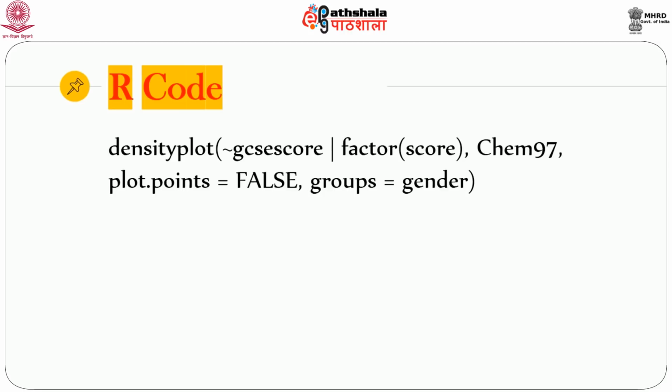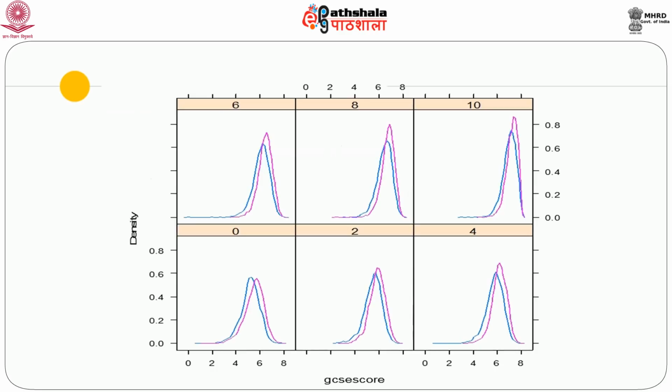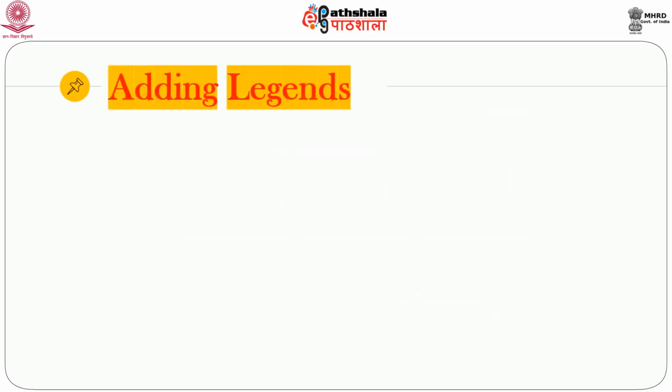By default, 2 different colors are used to differentiate between the 2 groups. Here comes the idea of using the auto.key option. Why is it needed? It helps us to put one of the important features of a plot, which is the legend.